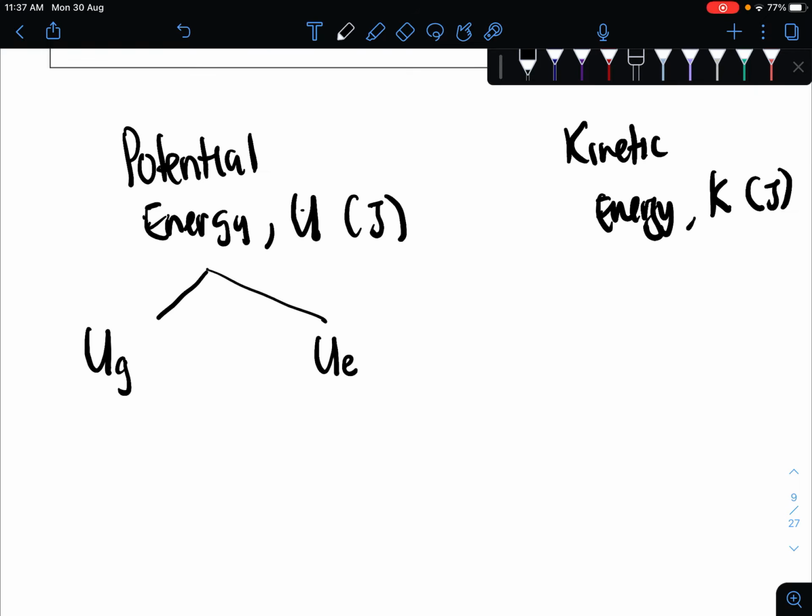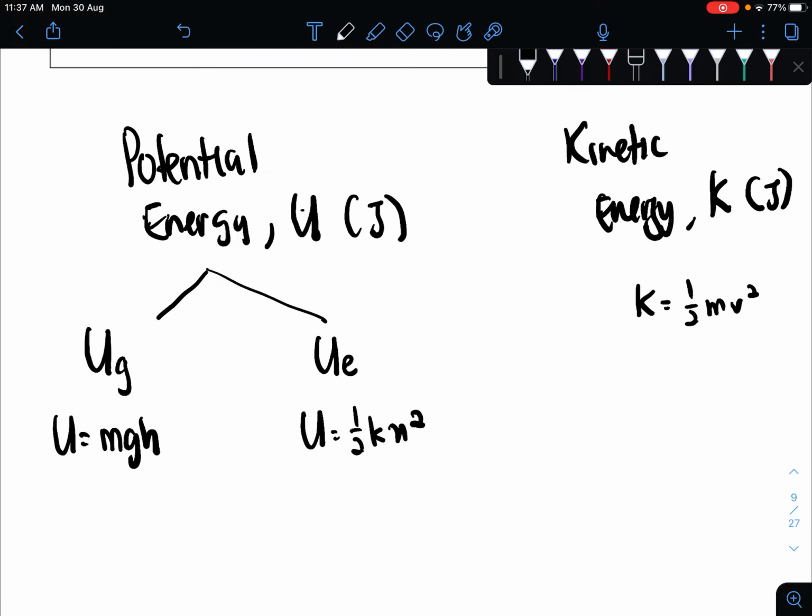Okay, gravitational potential energy is due to the position. Right, position, so dia kena ada height, mgh. Elastic potential energy adalah disebabkan oleh change in the state. Any elastic material that you are going to stretch ataupun you are going to compress. So U is equals to half k x square. And then kinetic energy pula adalah due to the motion. So K here is equals to half m v square.